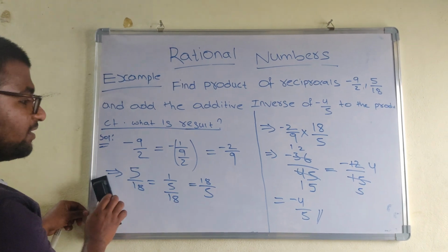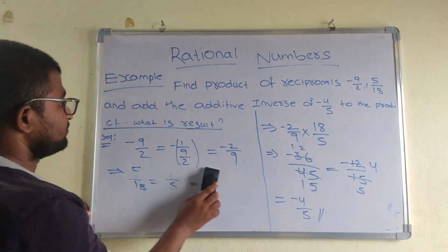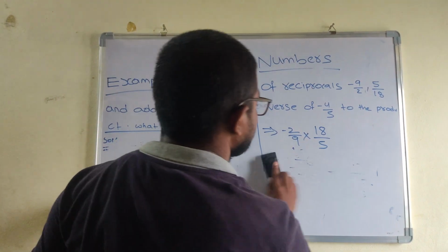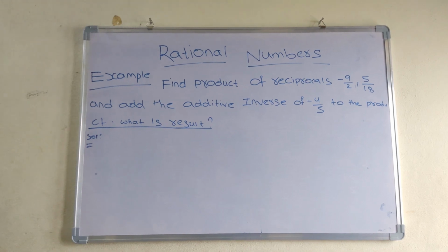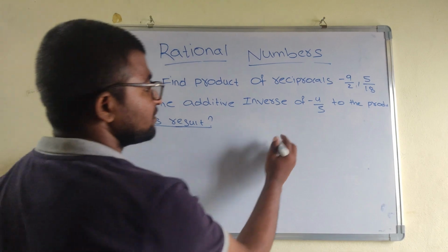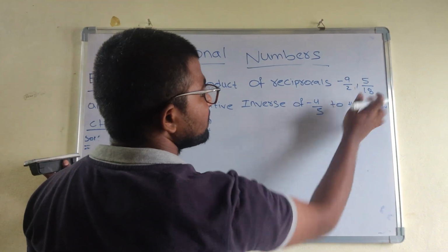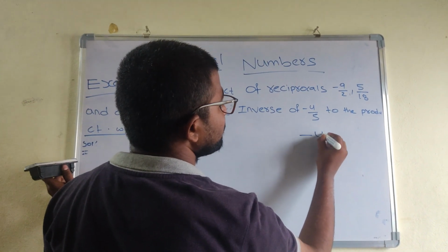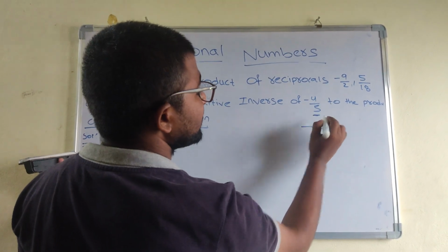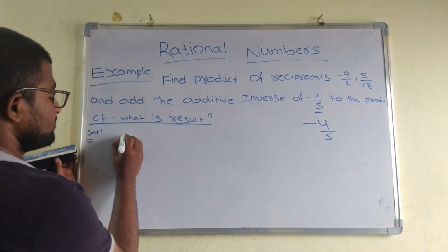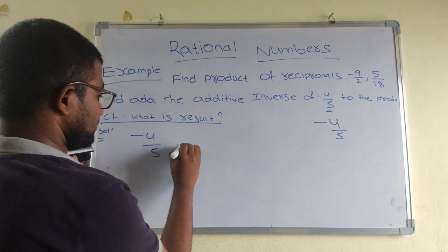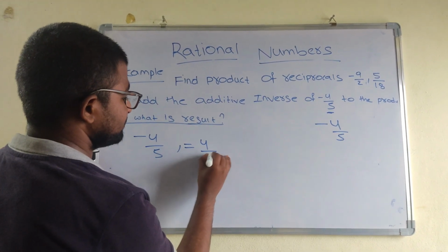The product of the reciprocals of these two numbers is minus 4 by 5. We need to find the additive inverse of this minus 4 by 5. The additive inverse of minus 4 by 5 is 4 by 5.